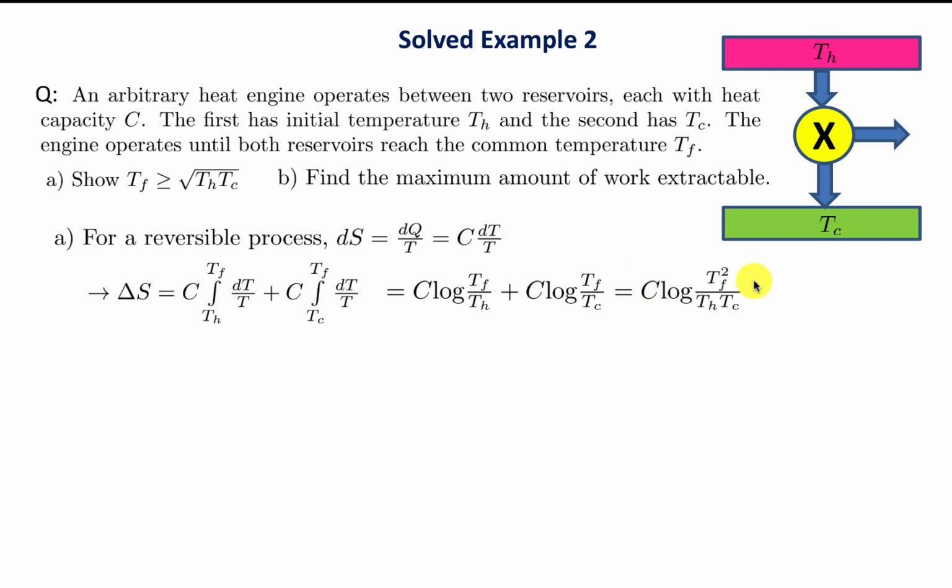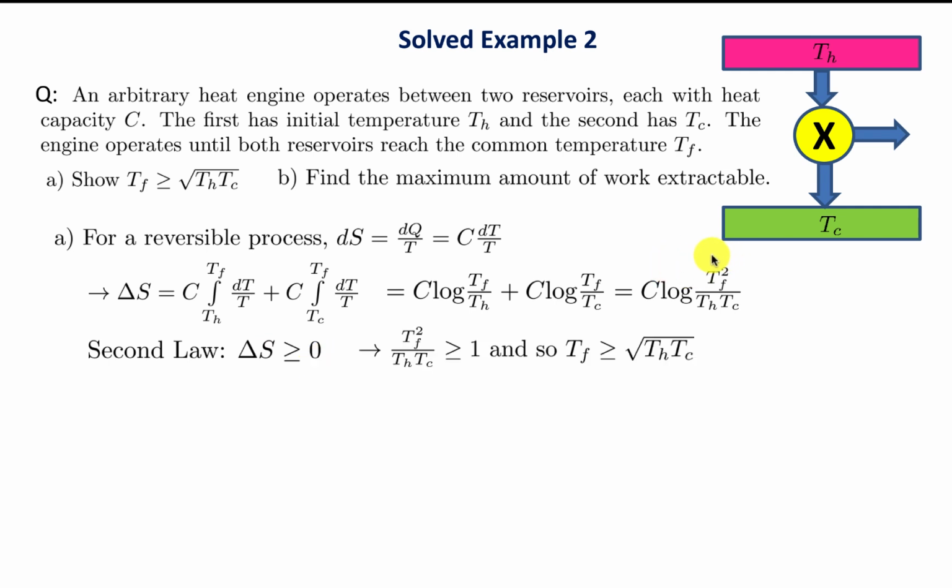Now, the second law of thermodynamics says that for an isolated system, delta S must always be greater than or equal to 0. And if you consider this entire system, the two reservoirs and the heat machine, well, that's the universe, that's the isolated system. And so the second law is saying that this delta S must be positive or 0. Then log of this must be positive, which means that this quantity here must be bigger than or equal to 1.